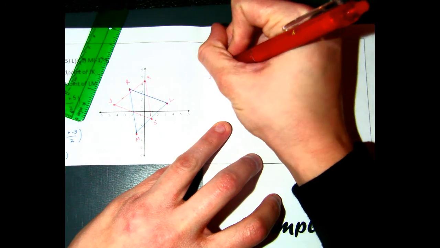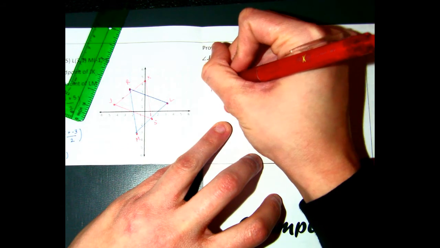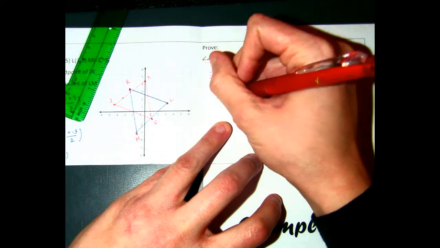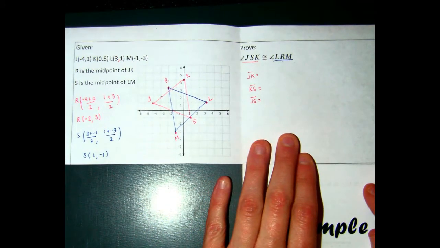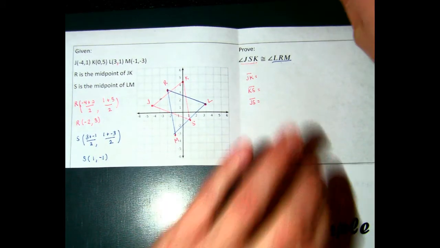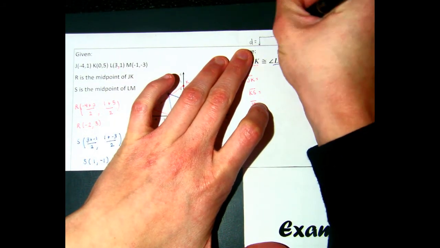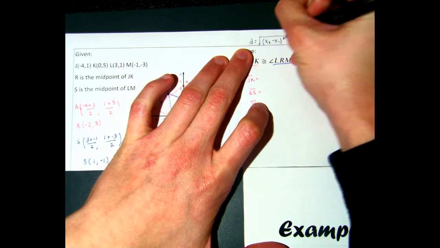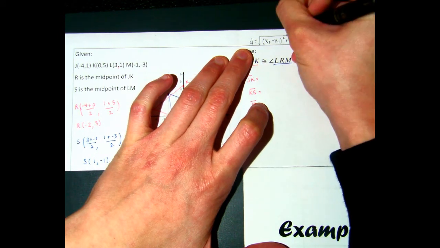And we're going to find the length of JK, and the length of KS, and the length of JS. We're going back to the points that are over here to find them using the distance formula. And in case you have forgotten the distance formula at this point, the distance formula is x2 minus x1 squared plus y2 minus y1 squared.